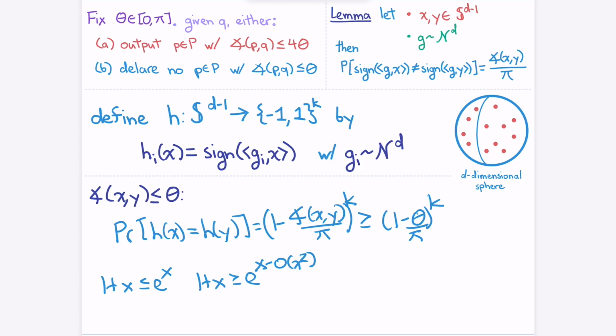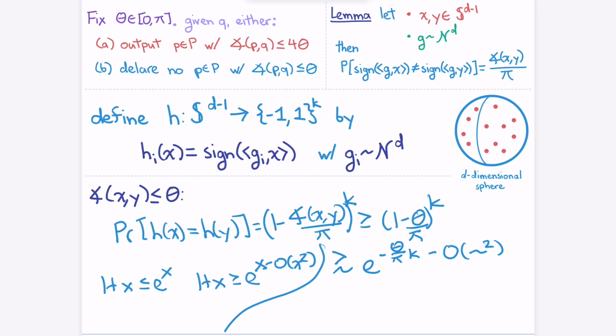I'm really only interested in small theta, so I'm going to be a little bit lazy and write this as greater than e to the minus theta over pi, times k. I'm really missing a quadratic term here, but that will be dominated by the linear term. Okay, so we have some preliminary analysis.